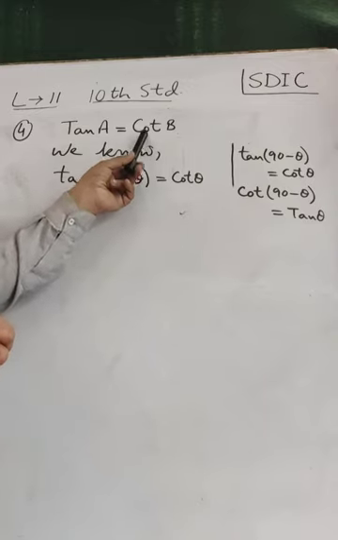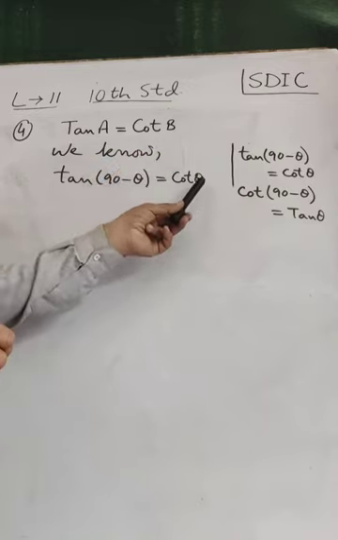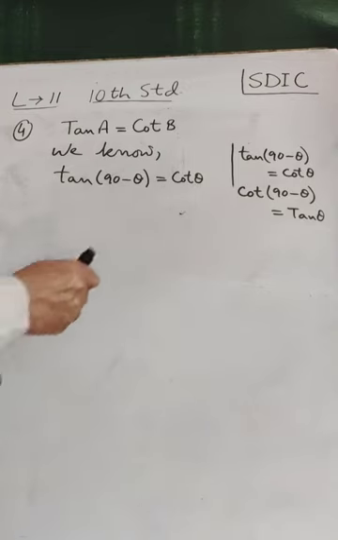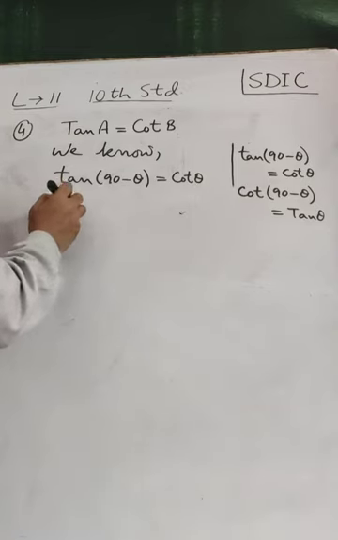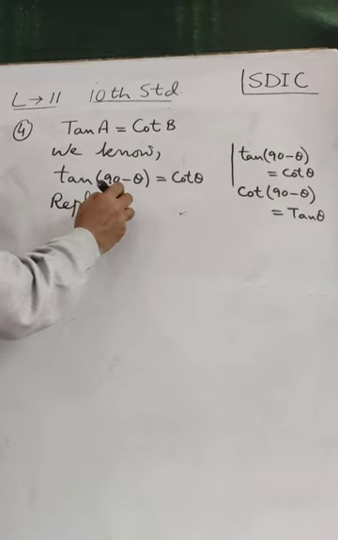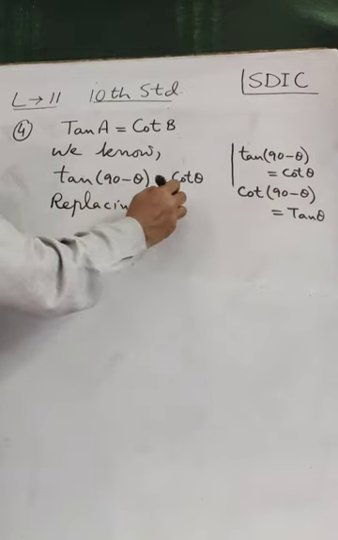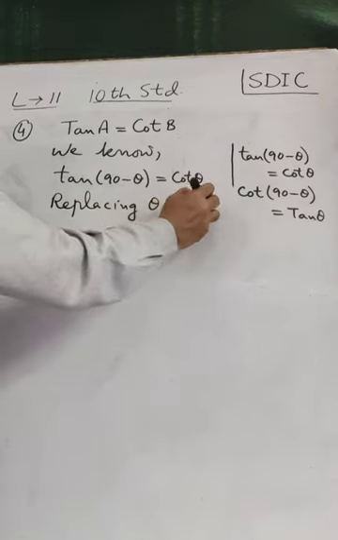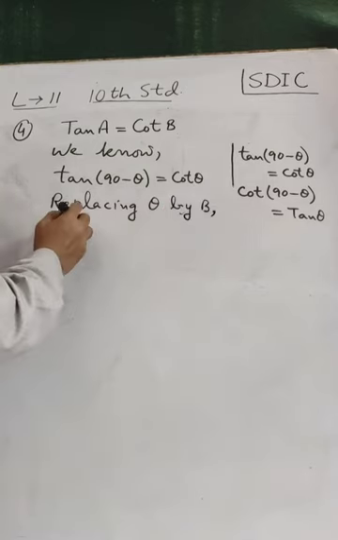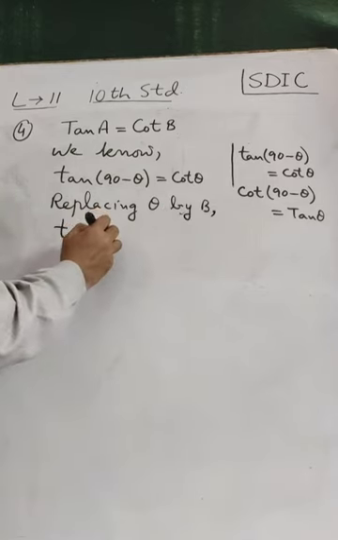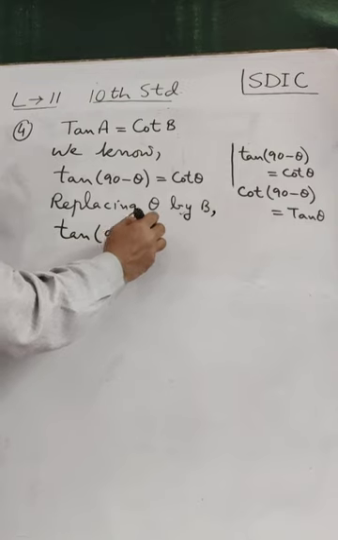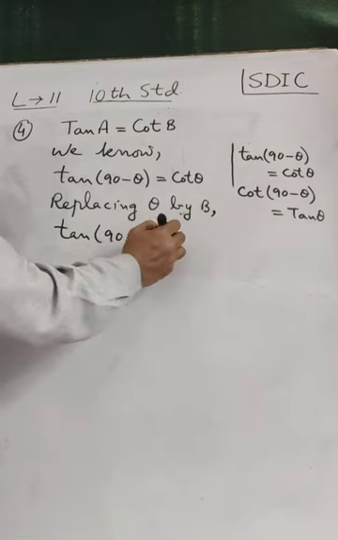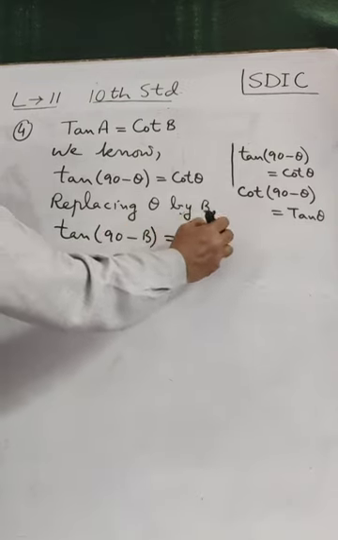In the given relation, cot has angle B. Here cot is theta. We'll replace theta by B. Replacing theta by B, we get tan 90 minus B is equal to cot B.